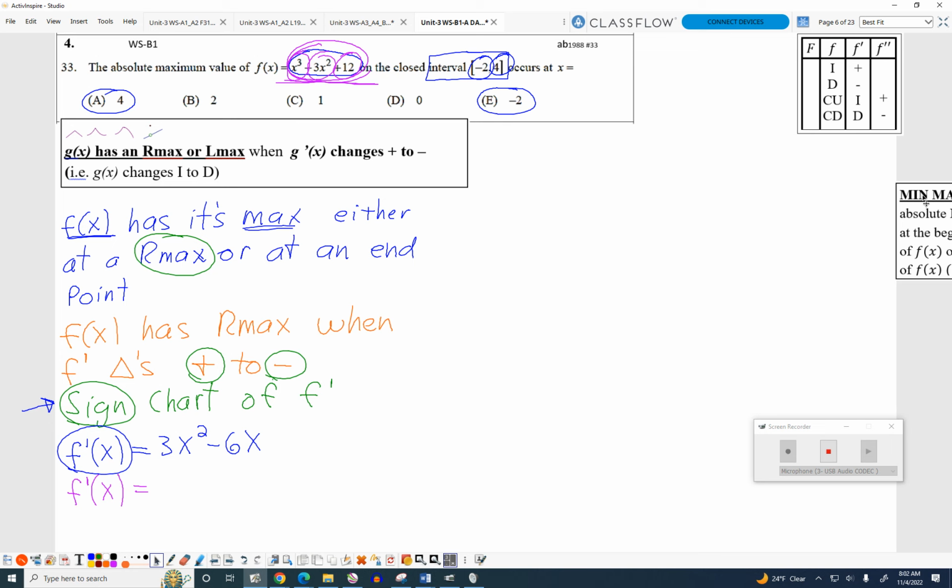We got f of x equals x cubed minus 3x squared plus 12.